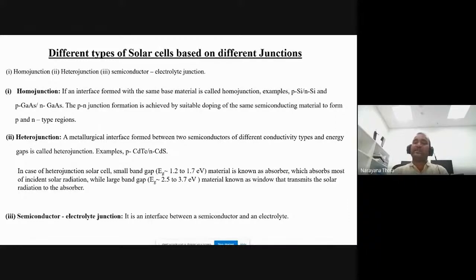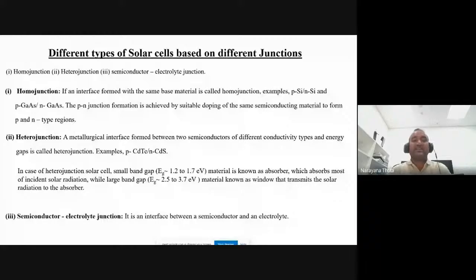So here the base material is the same. That type of junction we call a homo junction, and these solar cells we call silicon solar cells or homo junction solar cells. Similarly, if you take gallium arsenide, you can dope it as a p-type material, and the same can be doped as an n-type material. So this is called a gallium arsenide homo junction solar cell.